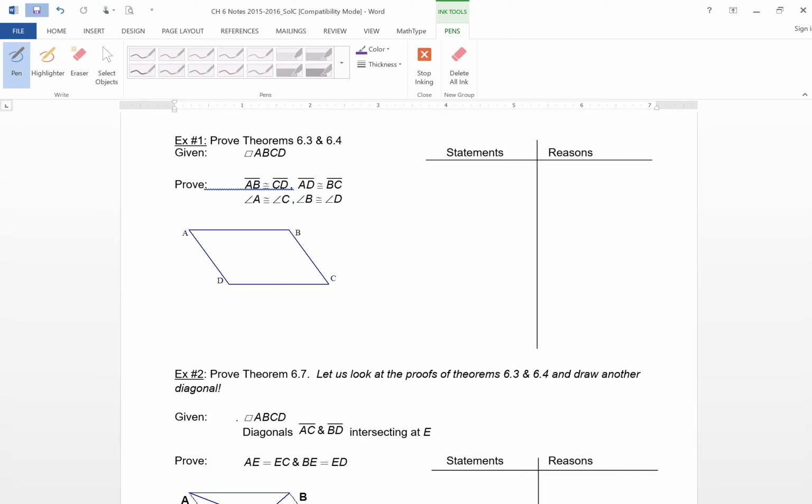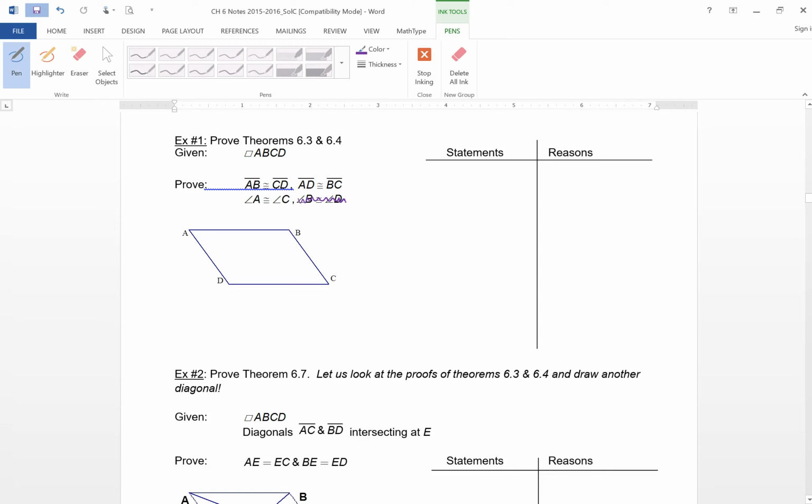So you're going to prove that AB and CD are congruent, AD and BC are congruent, angle A is congruent to angle C, angle B is congruent to angle D. Actually, not this one. And you'll see why in a minute.